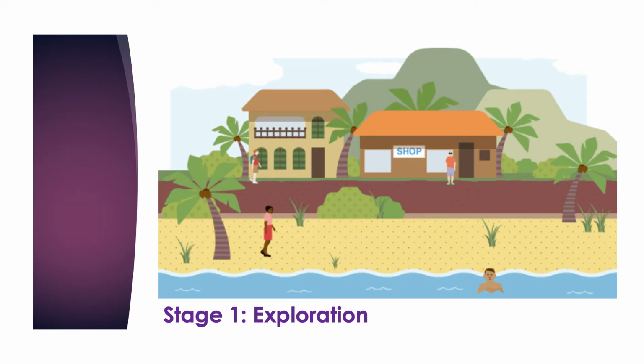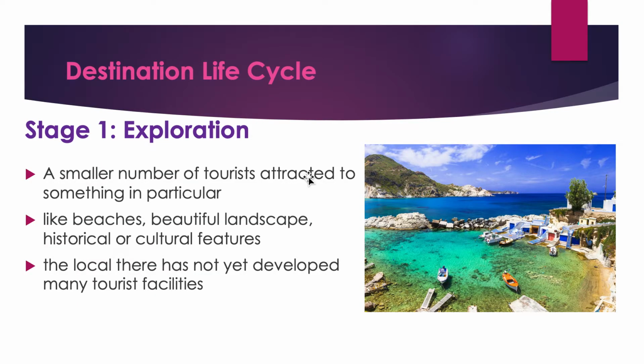So stage 1, exploration. Exploration is the first stage of the model. It is a stage where very few visitors visit the area, and they later tell others about their experience of the place. Visitors usually make their individual travel arrangements, and the pattern of visitation is irregular.